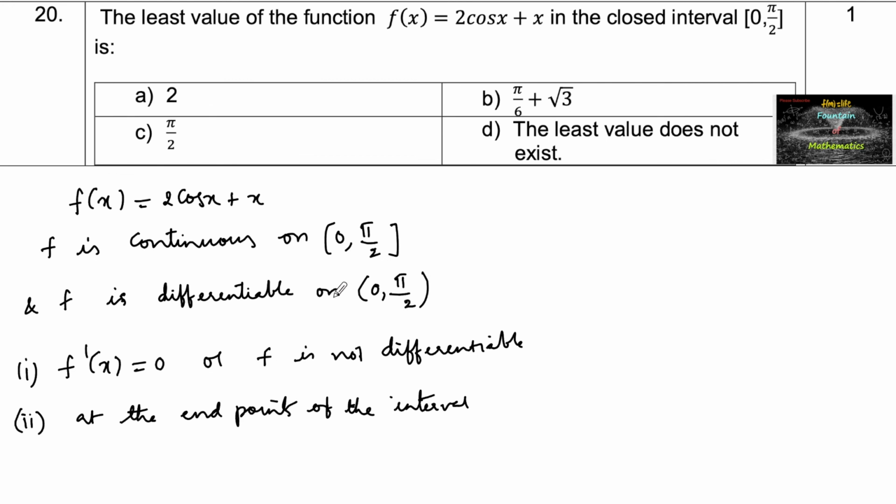So the least value or the greatest value can be obtained at the points where f dash of x is equal to 0 or f is not differentiable, and at the end points of the interval.